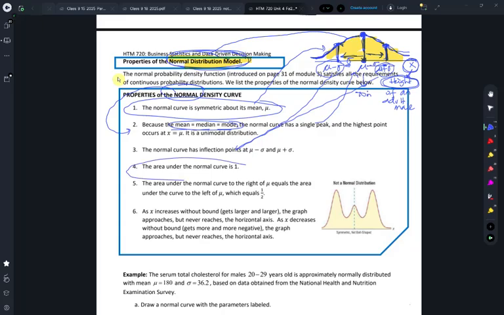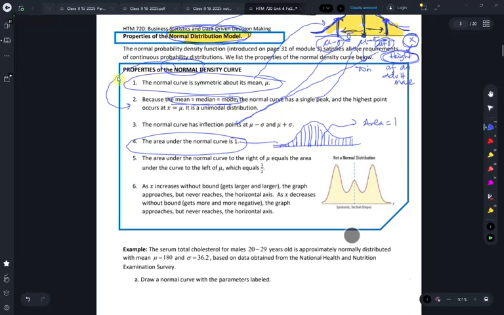It is not surprising that the total area under the normal curve is equal to 1, since the bars here represent relative frequencies or probabilities. And so the sum of that total area is equal to 1, because it represents probabilities.